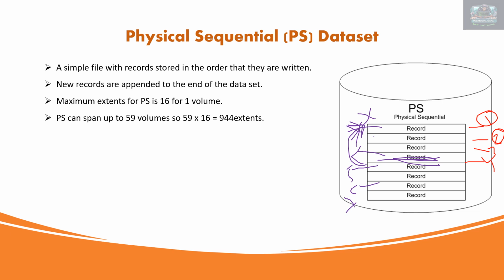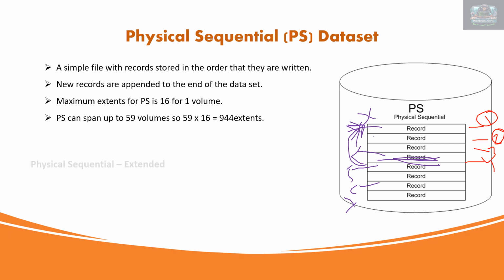If you're creating a file with more space, it can take up to 59 volumes of space, in which it can take up to 944 extents. Remember these words, extents and volume. I'll tell you how this will be spanned and expanded in those volumes.